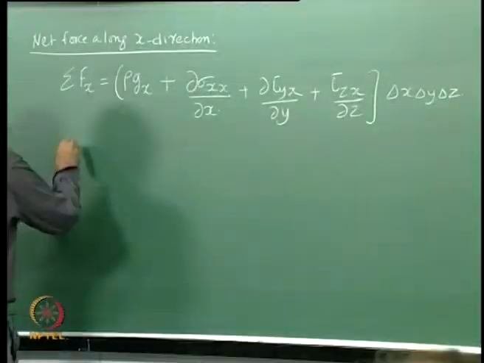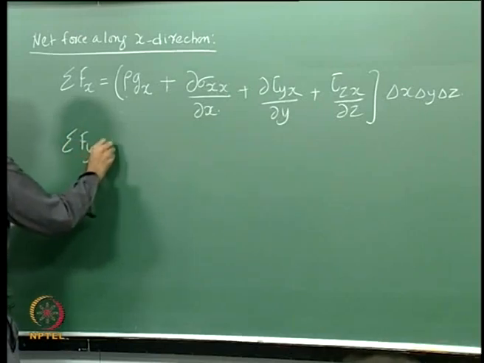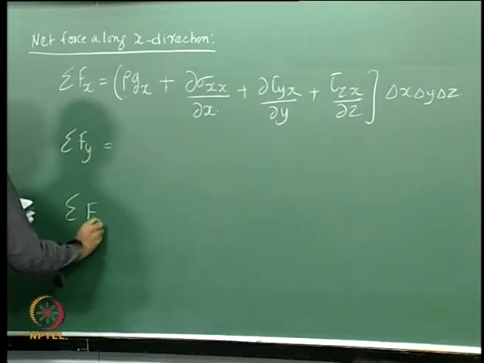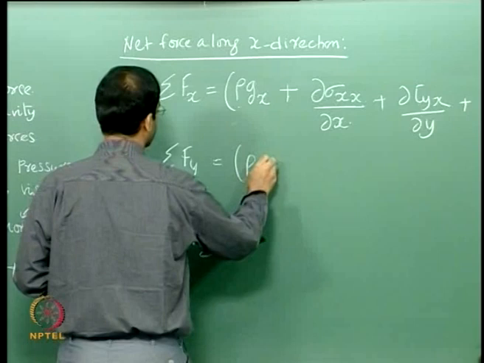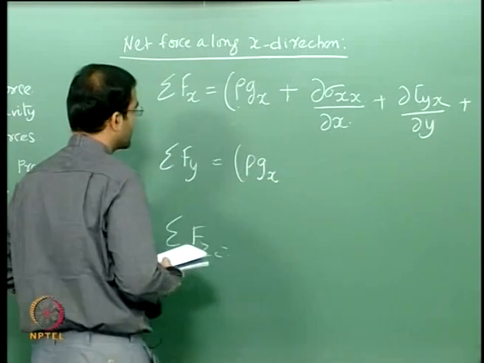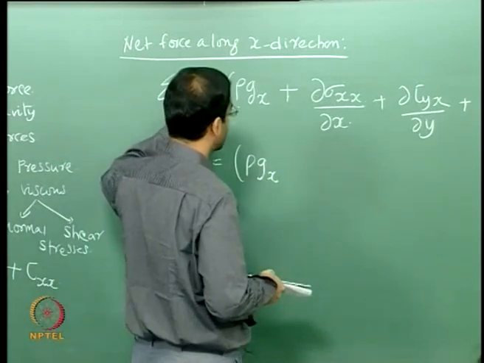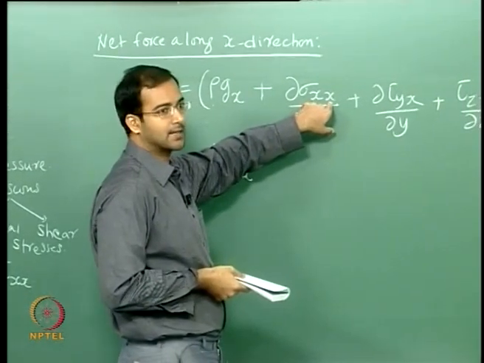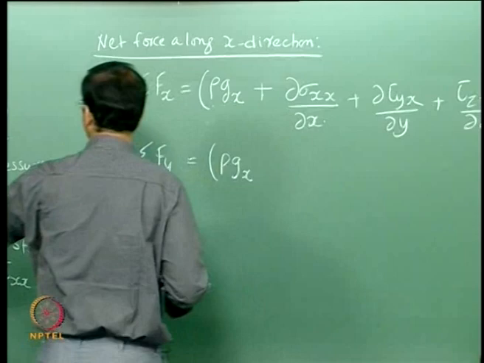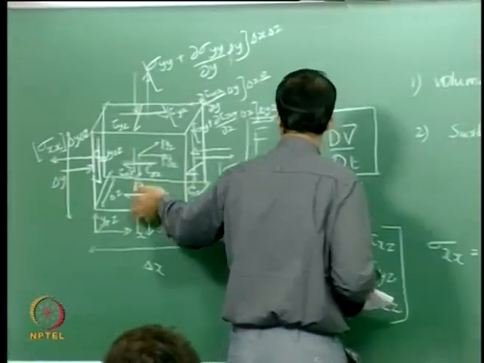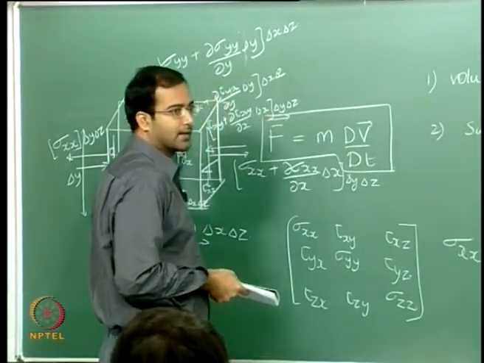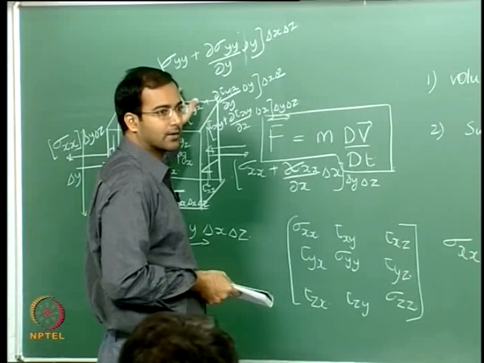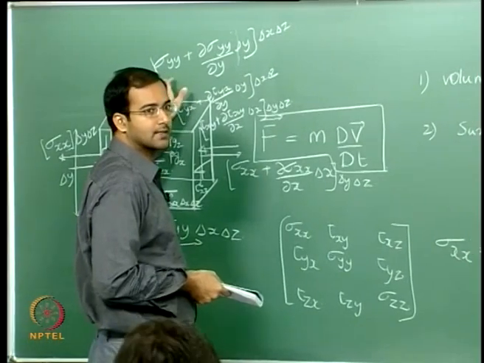So similarly the forces in the other directions, now you can fill them yourself. So the thing is this, if you look at your notation, you can see that the force acting along the x direction will have the stress pointed in that direction, and of course you have the gradient of these forces in a particular direction in all the three directions. Okay, you have in the x direction, y direction, and z direction.